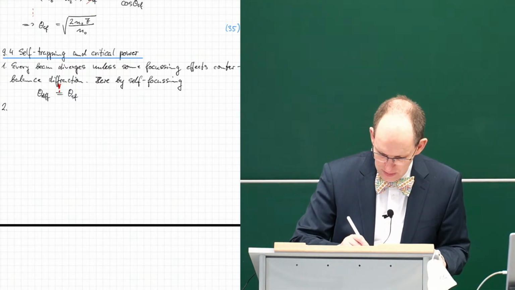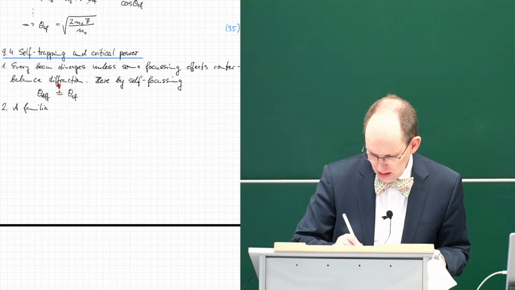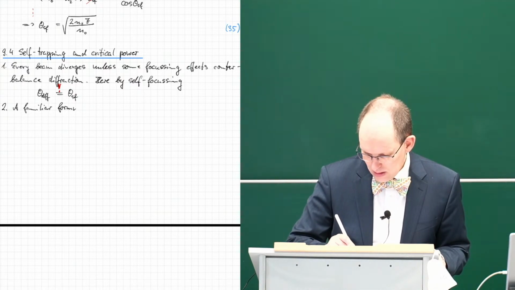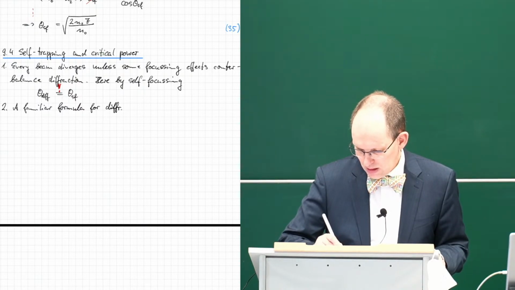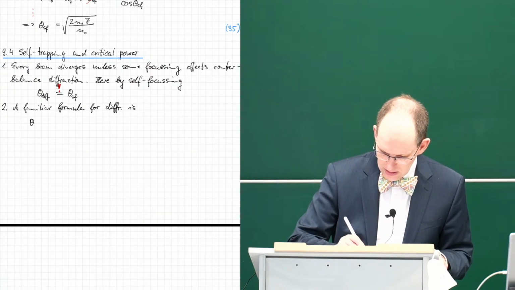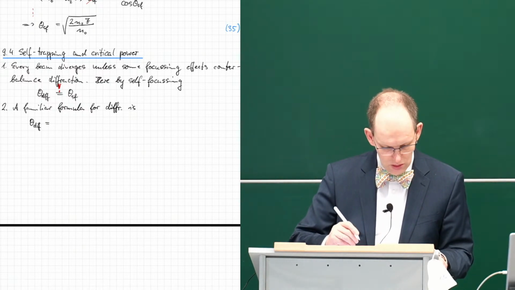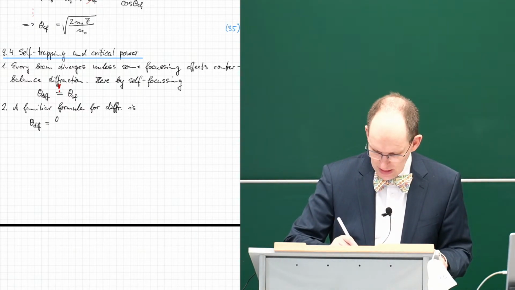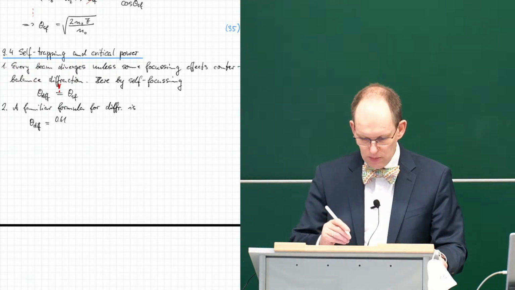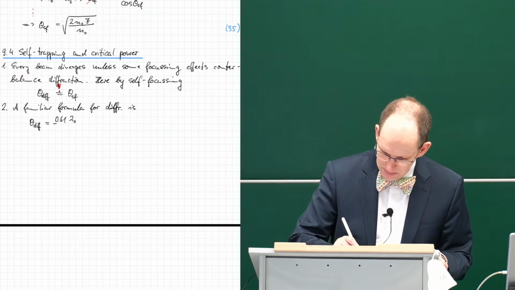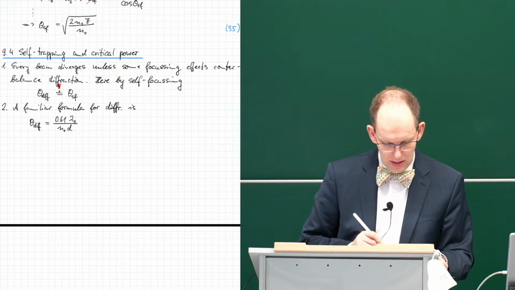So a familiar formula for diffraction is where you have this famous factor of 1.22, but here we just look at half the diffraction angle, so we have 0.61 lambda divided by n0 times d, right?